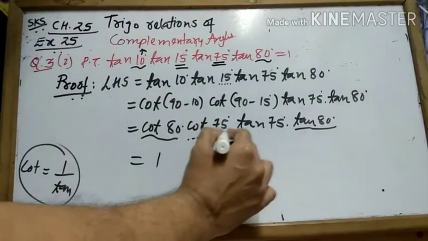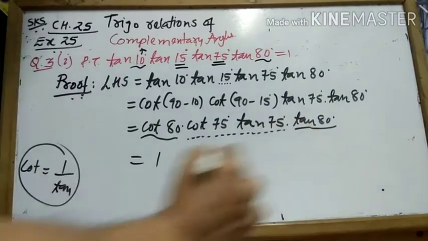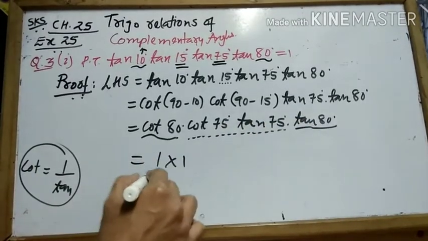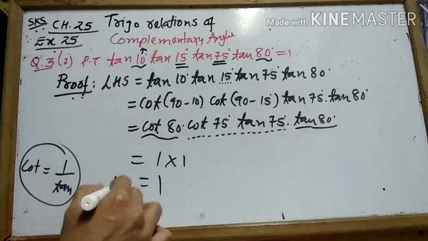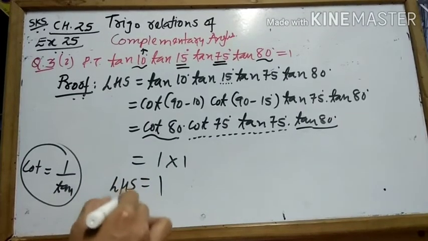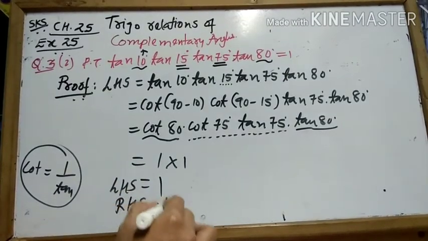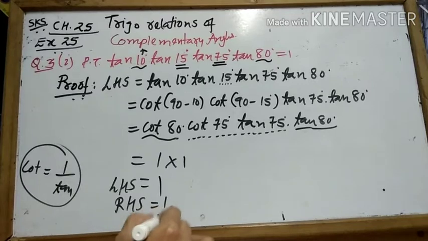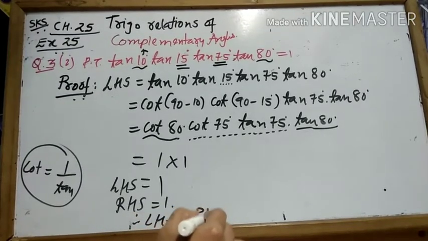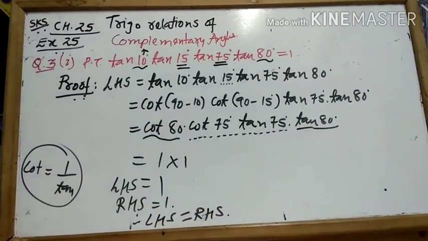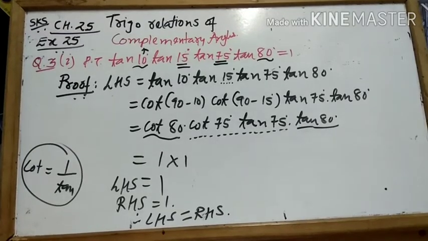If I multiply cot 75 by tan 75, it will also be 1. So 1 into 1 is 1. So your LHS is 1. Even RHS is 1. Therefore I can say LHS equals RHS. And hence whatever they asked us to prove, we have proven it easily.